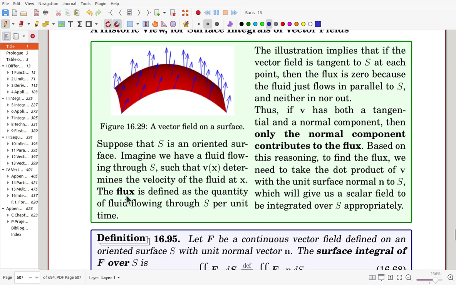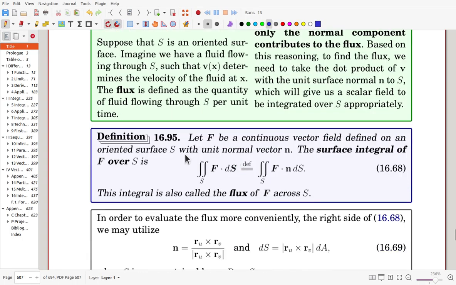The flux is defined as the quantity of fluid flowing through the surface per unit time. So when we compute the surface integral of a vector field, we are taking only the normal component. That is the definition.